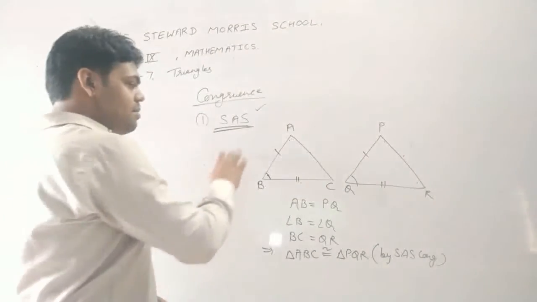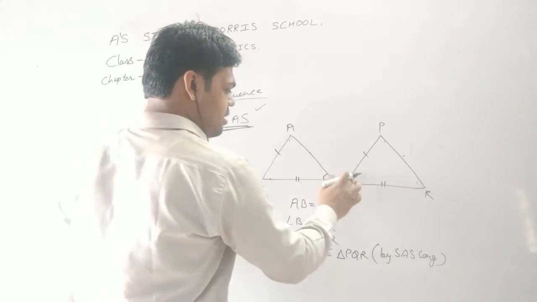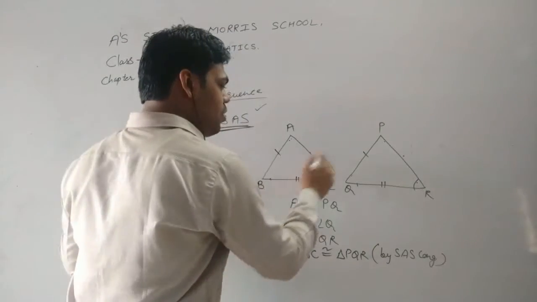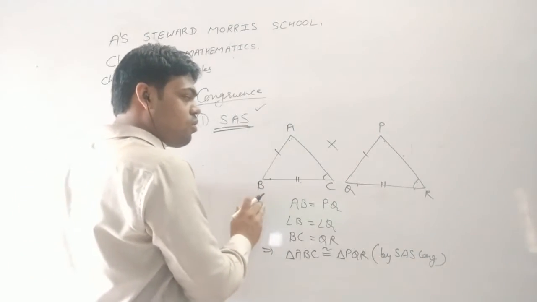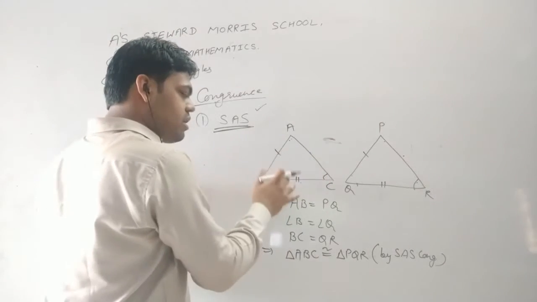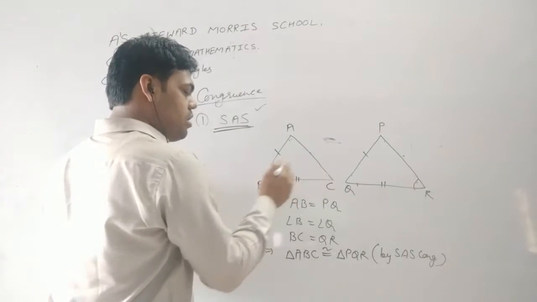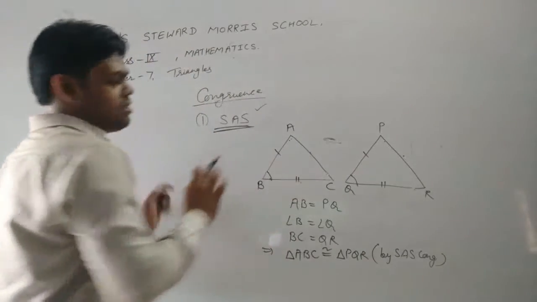If the condition is like this, with 2 sides and a non-included angle, then they are not congruent. Why are they not congruent? Because in this case the rule is not followed. 2 sides and the included angle are required. So here only B and Q should be equal according to this condition.